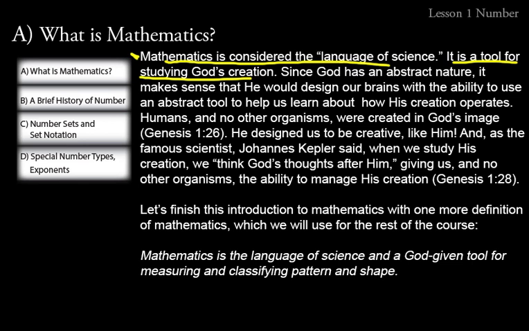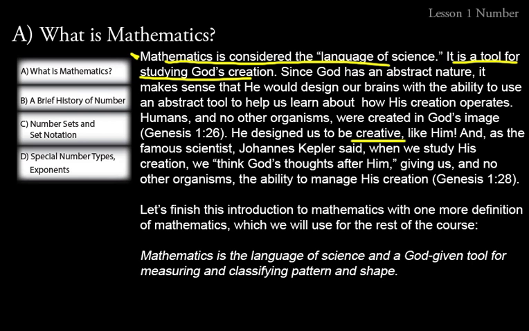Human beings, no other organisms. Think about that. There's no other plants or animals, anything that's created in God's image, like Genesis 1:26 says. He designed us to be creative like him.